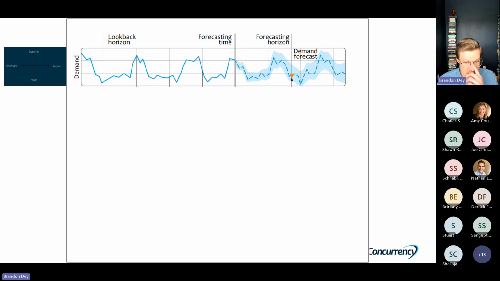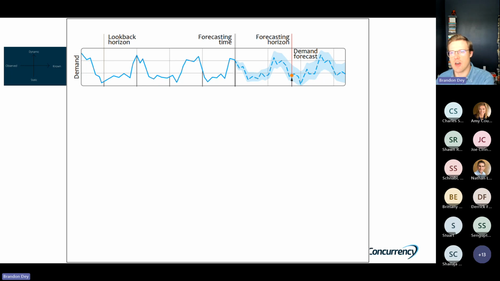This graph is really just an articulation, or visualization, of the whole process. It's not super important, but I'll walk through it just because the terminology I think is important. So essentially you've got this historical demand right here, right? And you've got a starting point of the look back horizon.